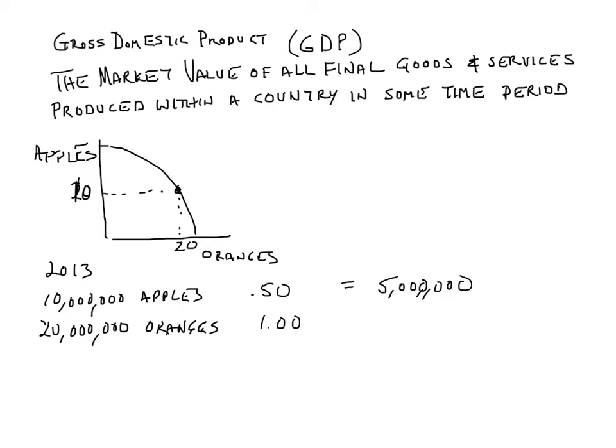And the amount of oranges that are produced is 20 million times $1, so that would be $20 million worth of oranges. And we just add up literally apples and oranges, and we say that the monetary value of the GDP in this economy is $25 million.